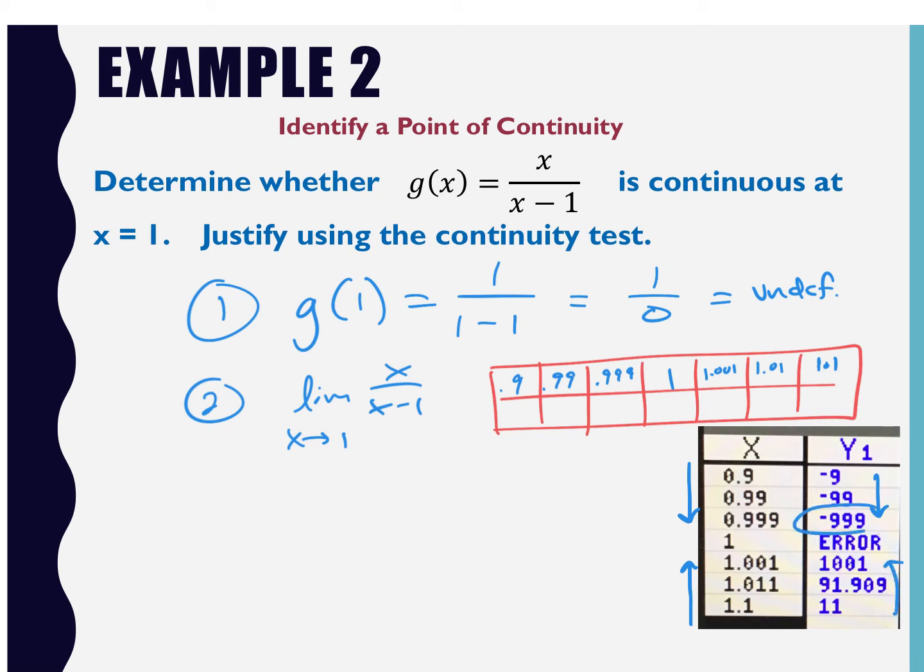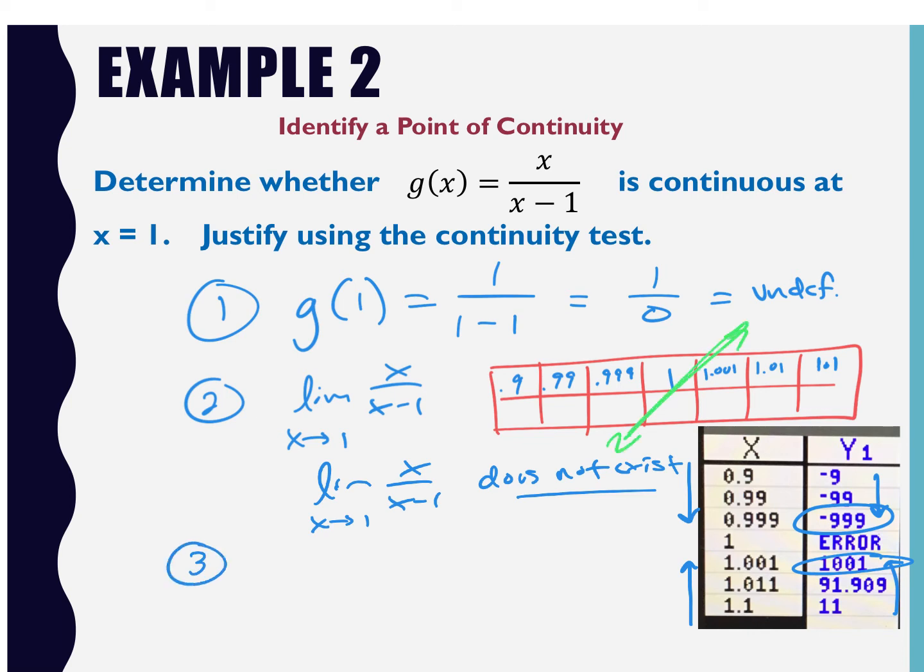One's going in the negative direction, the other is going in the positive direction. Those aren't equal to each other. So we'd say the limit as x approaches 1 of x over x - 1 does not exist here. We don't even get a value. They're not the same from both sides.